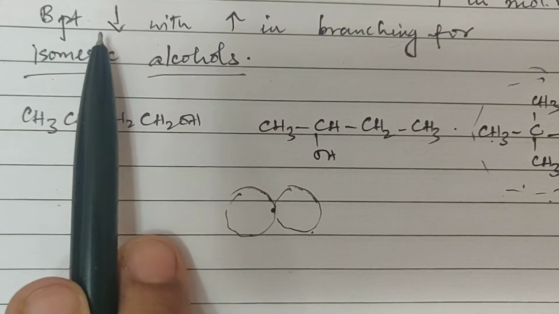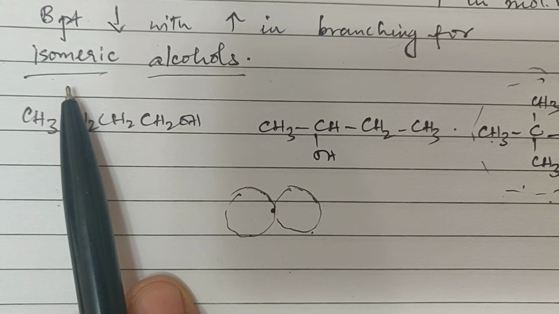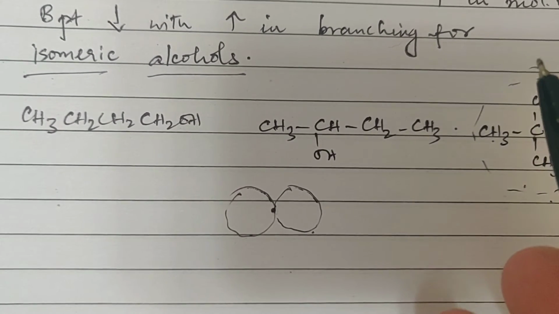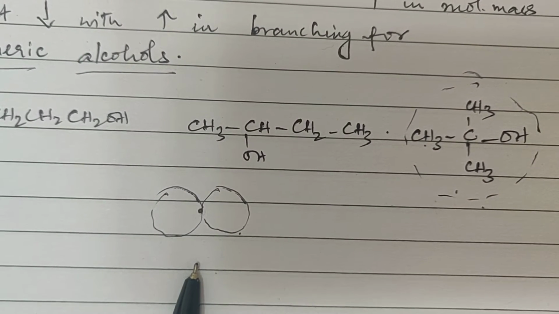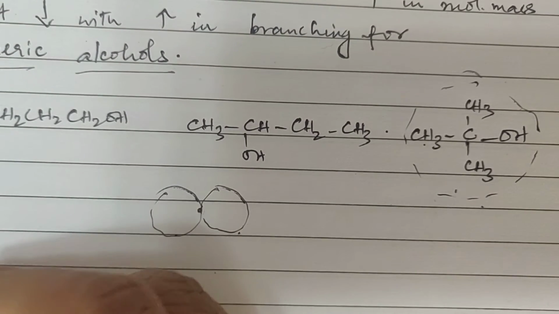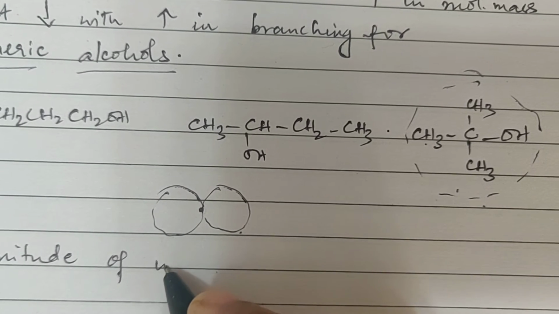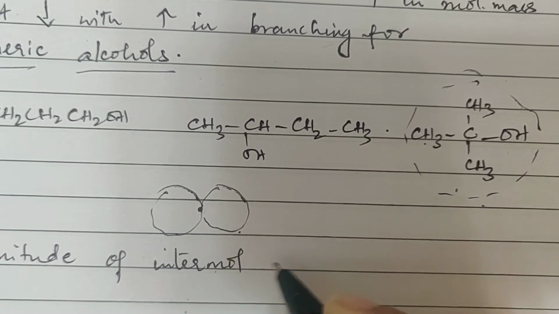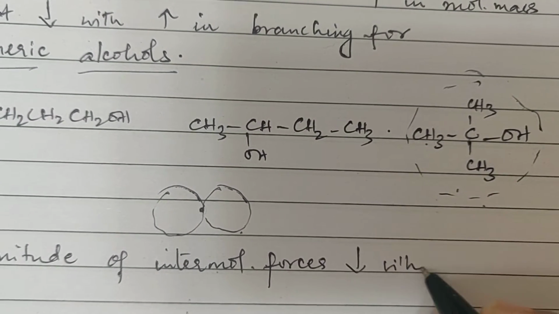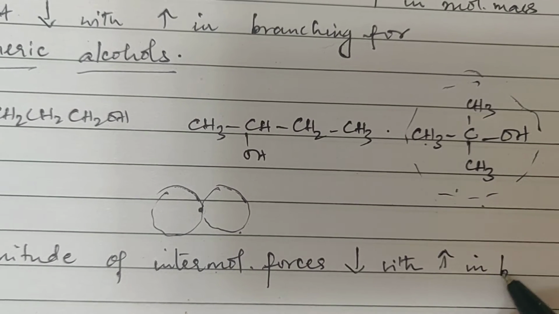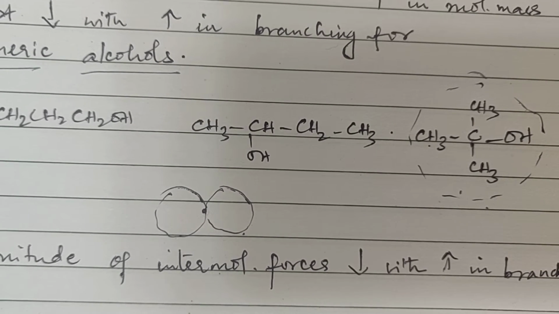That is why you say boiling point decreases with increase in branching, because boiling point is attributed to intermolecular forces of attraction. So when the intermolecular force of attraction is decreasing, then boiling point will also decrease. So magnitude of intermolecular forces decreases with increase in branching. So this is what you have to understand very clearly.